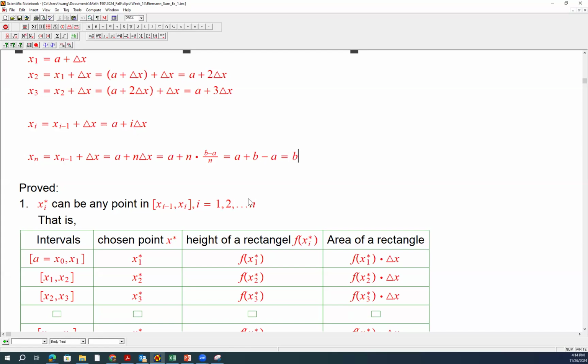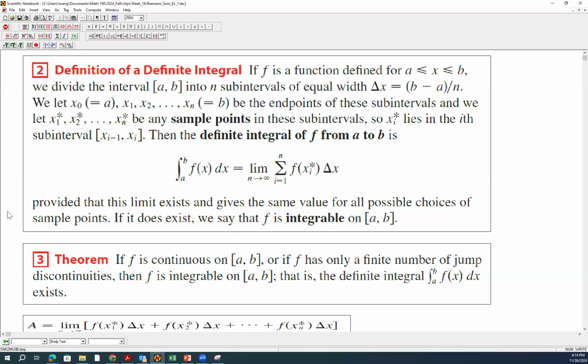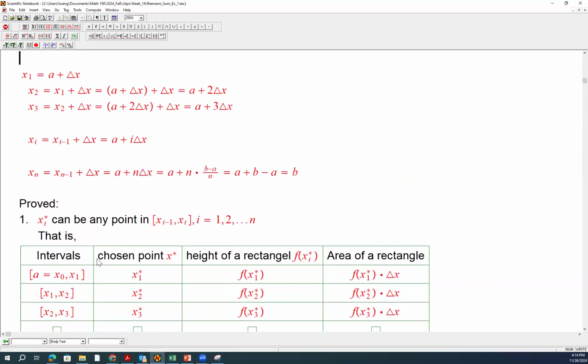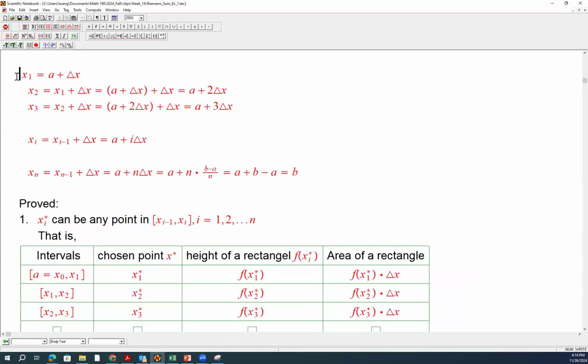So to get familiar with this indexing, this process is actually indexing. If you want to know what x sub 0 is, because x sub 0 is also mentioned sometimes when we choose the left endpoint, x sub 0 is just a.